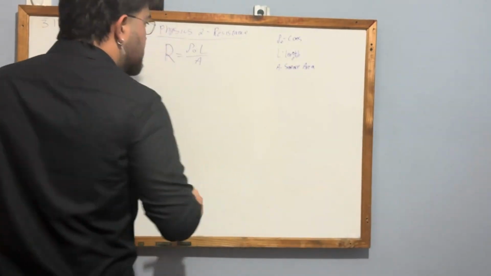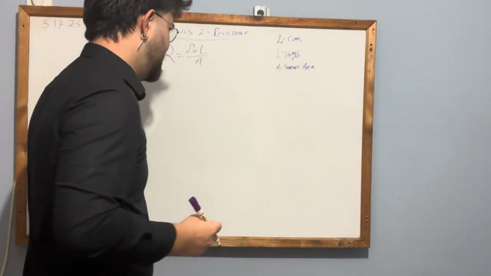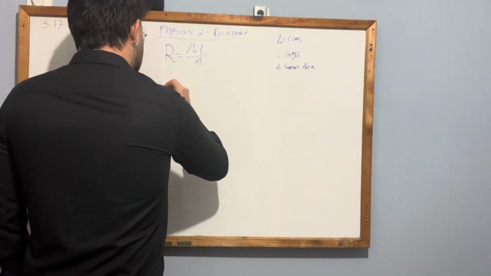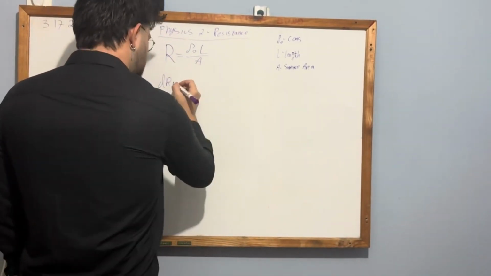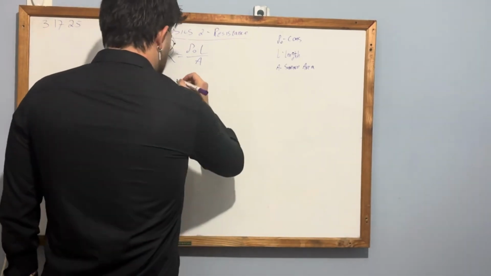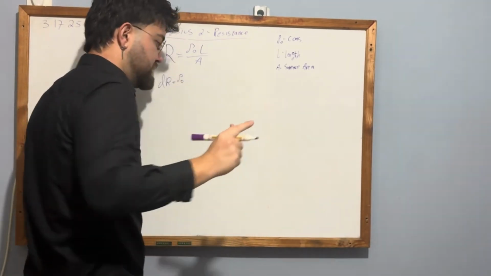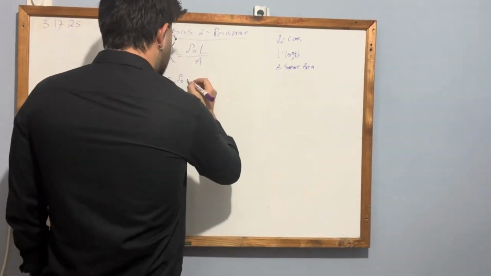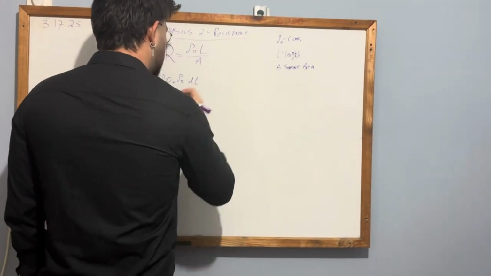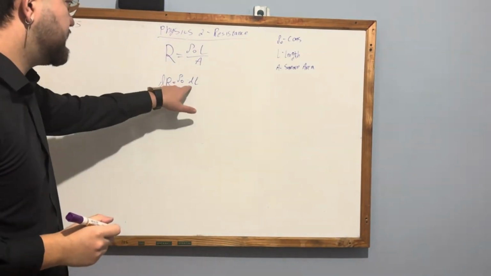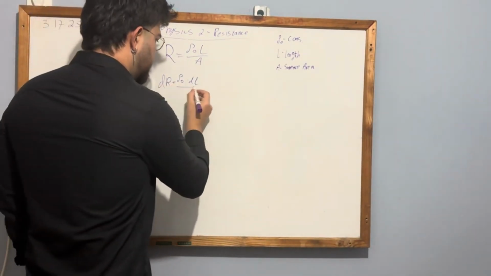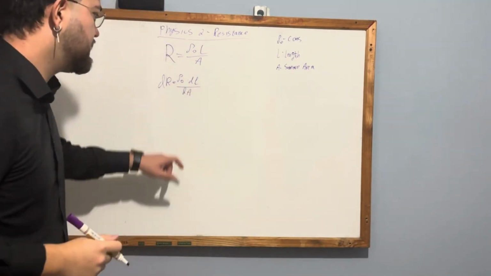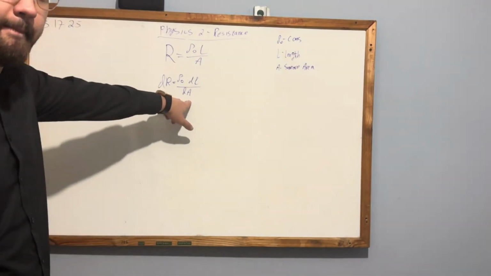If we differentiate to get the differential form of the equation, we get that dR is equal to rho, which now may be interchangeable, like in the example we're going to do, times the change in length dL divided by the change of surface area dA.